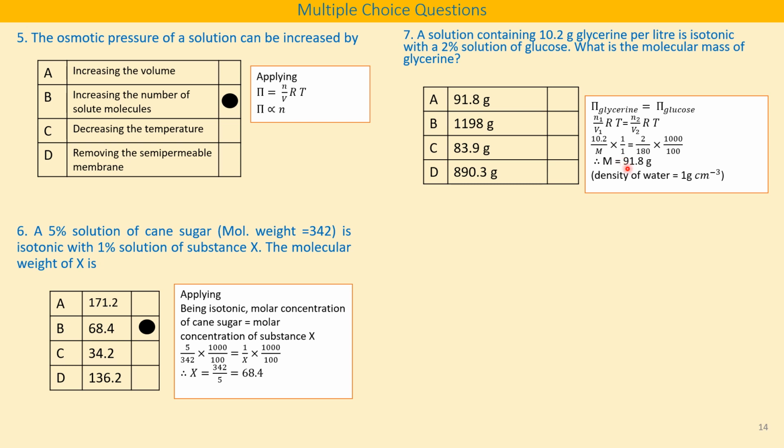Substituting as shown on the screen, n1 is equal to 10.2 divided by M into 1 over 1 equals 2 over 180 into 1000 divided by 100. That gives M equal to 91.8. The density of water is 1 gram per centimeter cube. Therefore, 91.8 is the answer, given as option A. Please mark option A.